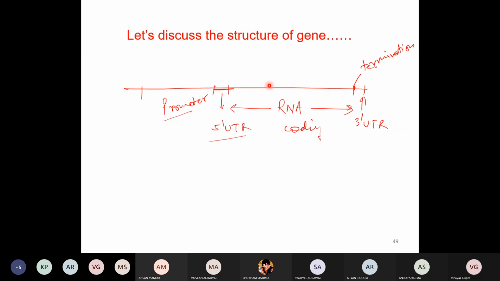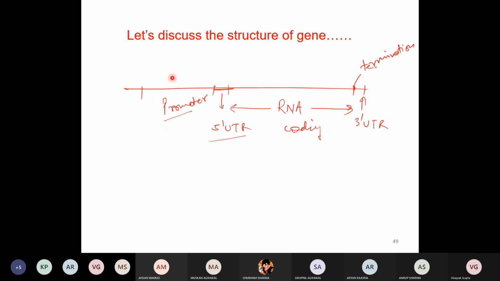Codons are there only in this part, the RNA coding region. That's why the term is RNA coding, meaning it has the codons. So if a mutation causes a stop codon or nonsense codon, this term is applicable only here.